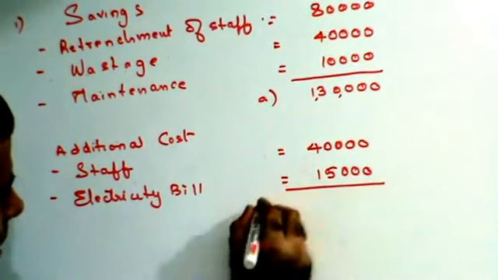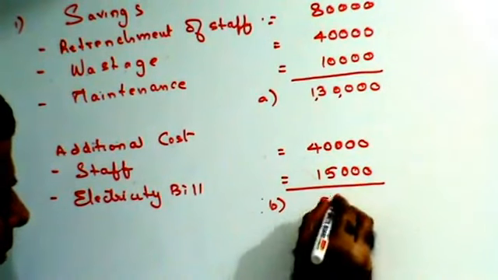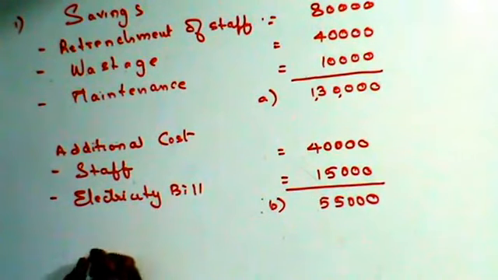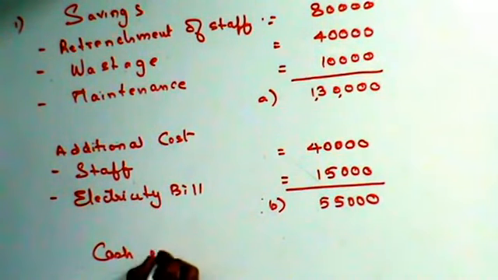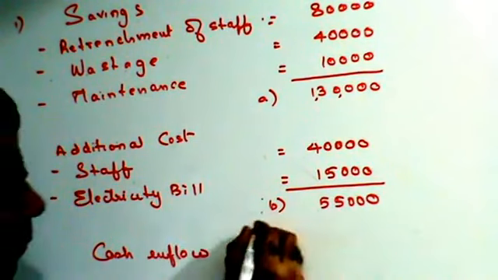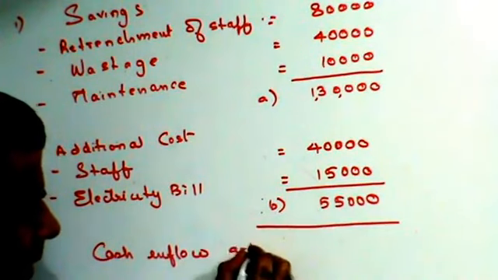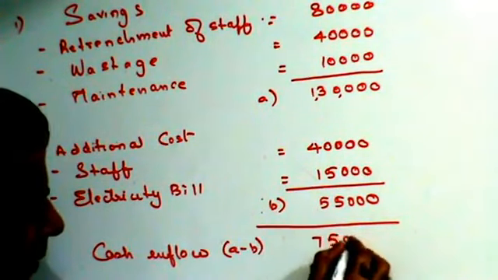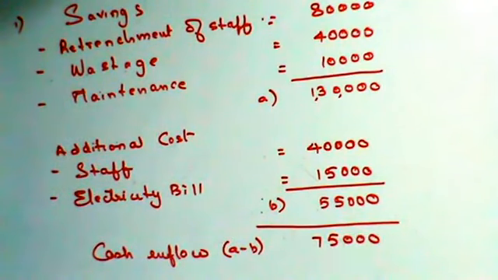So your net additional expenditure is going to be 55,000. Once you have this, then you can find out your cash inflow. Cash inflow is nothing but A minus B: 1,30,000 minus 55,000, which is 75,000.